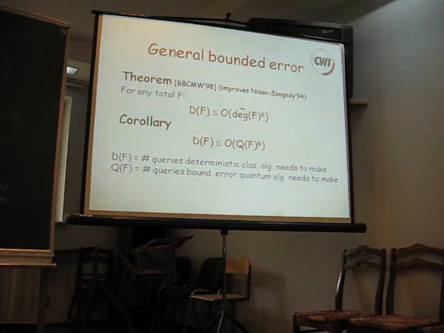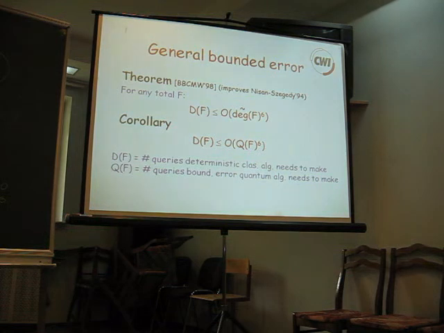And one thing that comes out of this is the following. You can prove that the deterministic query complexity of f is bounded by the approximate degree of f to the power 6. Put in different words, if the approximate degree of my total function f is s, then in s to the 6th many queries I can compute f deterministically.